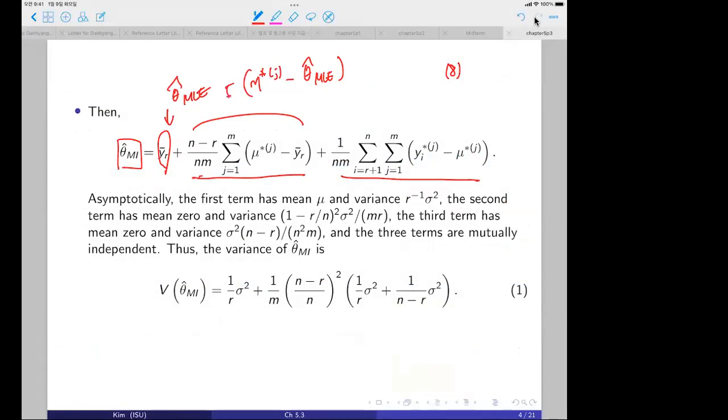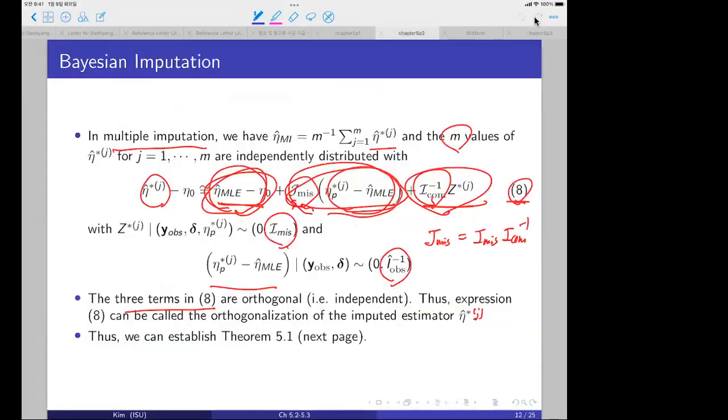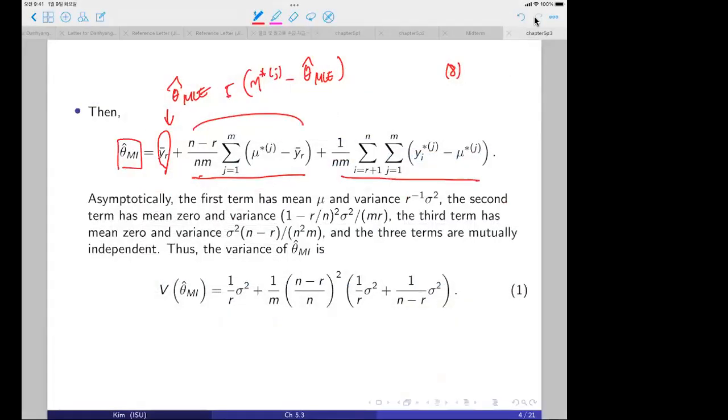Let me go back to equation 8. Yes, J miss. J miss should correspond to n minus r divided by n.